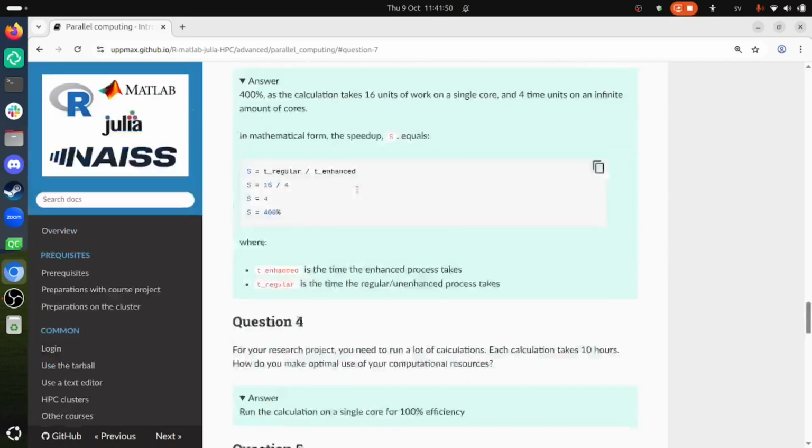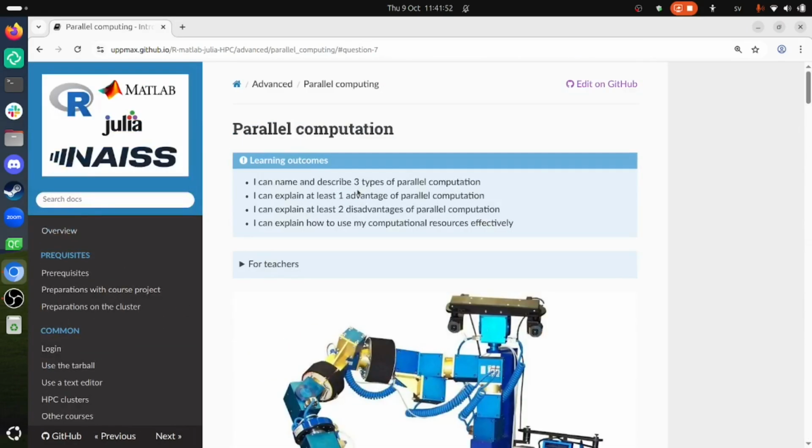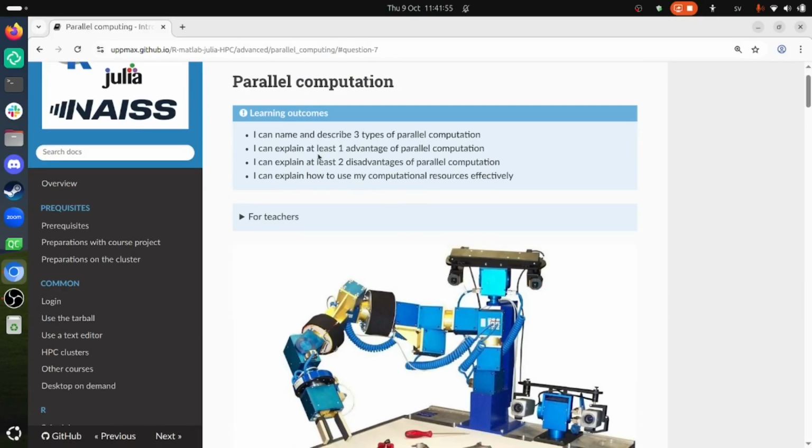With that, I have now shown you parallel computation, in which there are three types: single-threaded, which only uses a core; threaded, which uses multiple threads, multiple cores to run a process; and distributed, which can use multiple nodes, multiple computers.